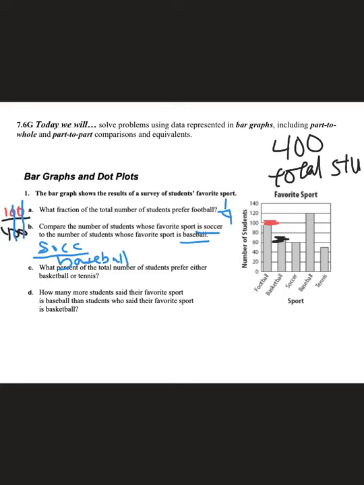We're going to see how many students like soccer. It says that 60 students like soccer over the number of students who like baseball, 120 students like baseball. So 60 over 120, we're going to simplify that fraction, or write an equivalent fraction.